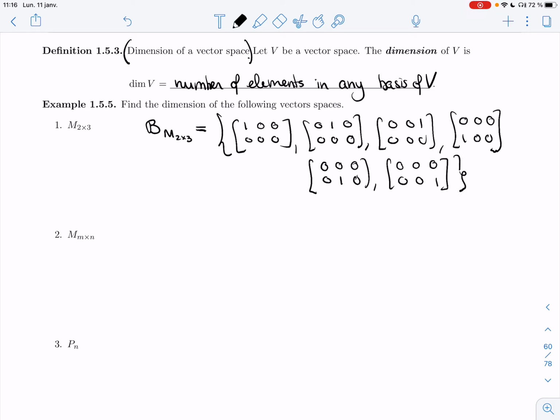All right, so I have 1, 2, 3, 4, 5, 6 elements, and so it's the number of elements in B of M23, and so that's 6.